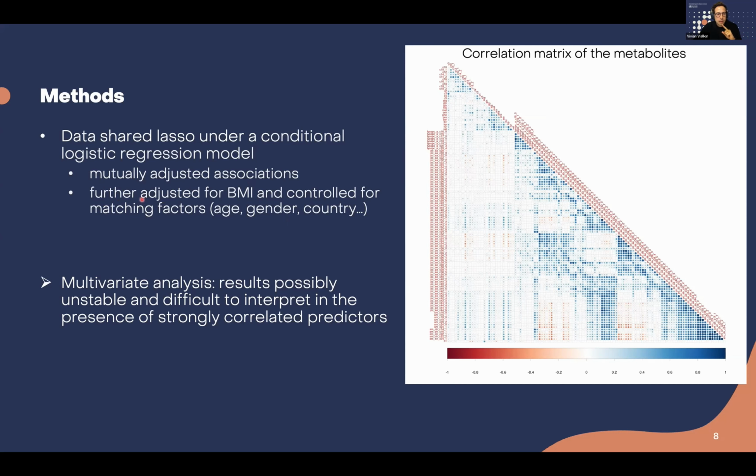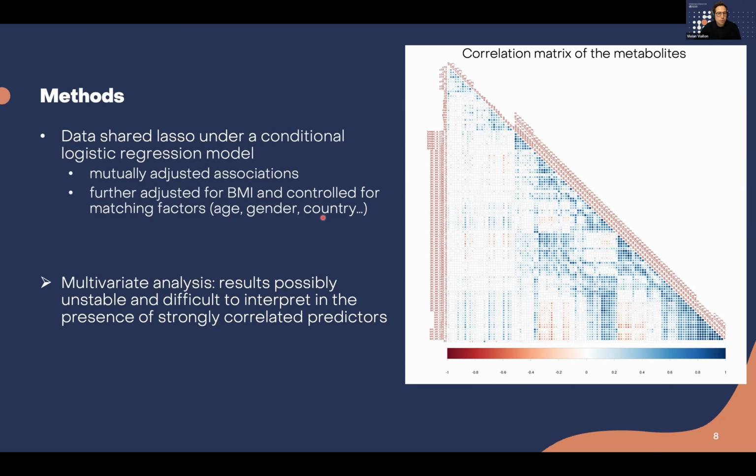And here we also decided to adjust the models for BMI, as we considered that BMI could be an important confounder in the association between the metabolites and cancer risk. And our analyses were also controlled by design for the matching factors, which included age, gender, as well as country of origin.